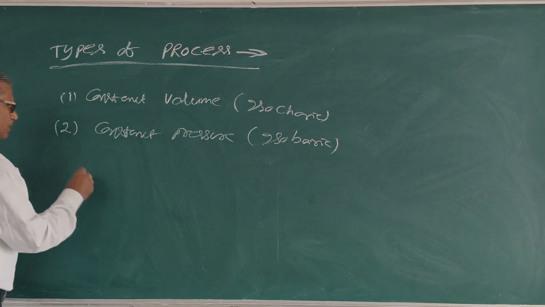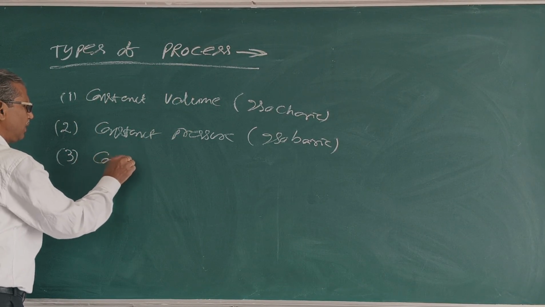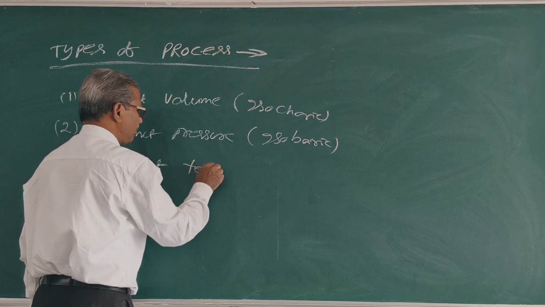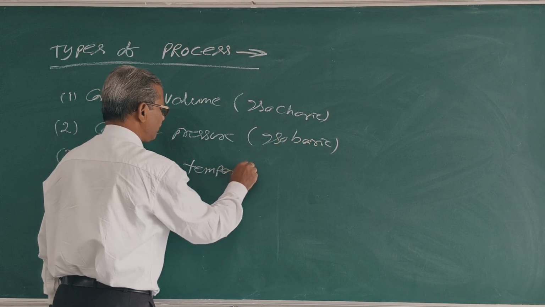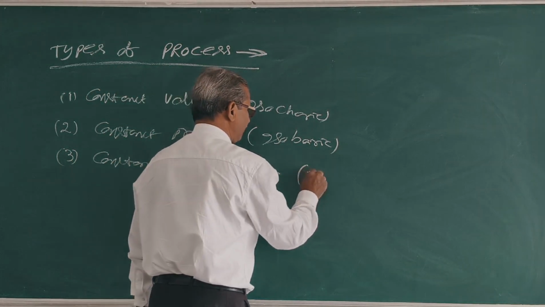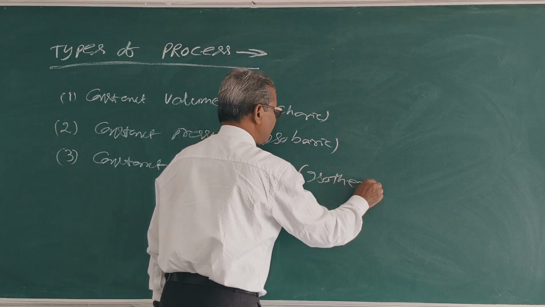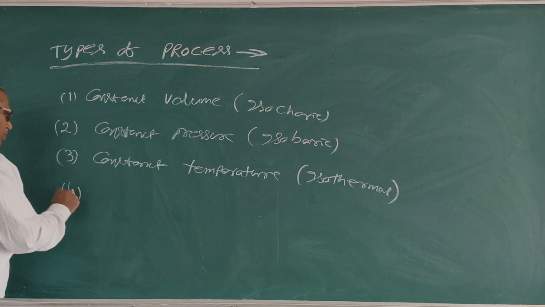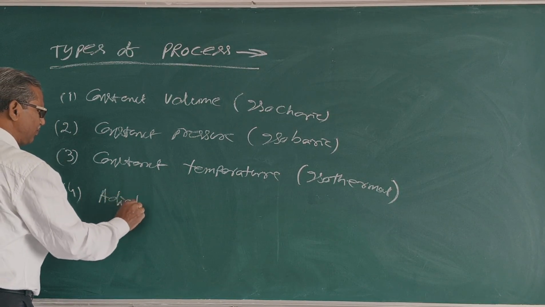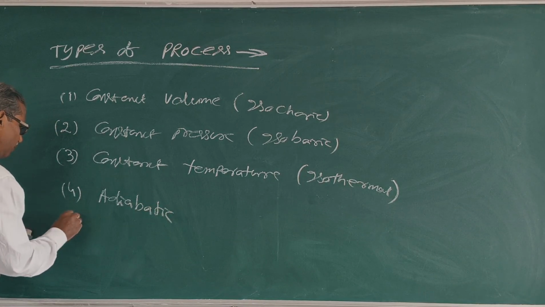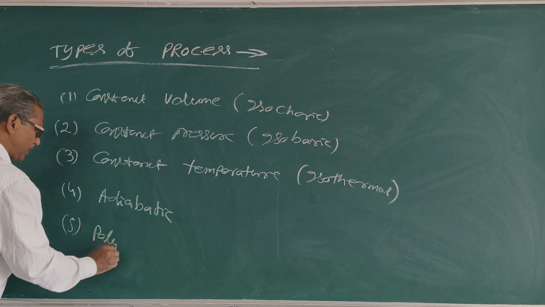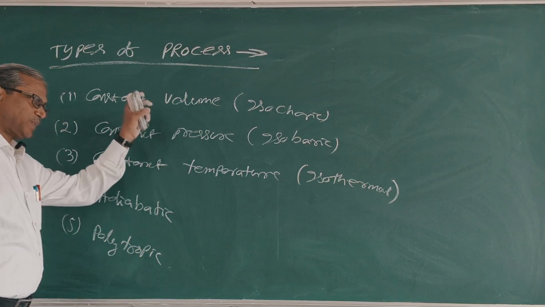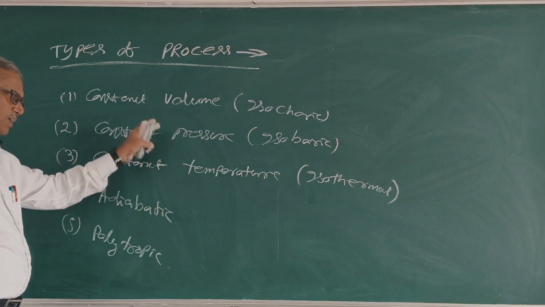Number 3, constant temperature or isothermal. Number 4, adiabatic. Number 5, polytropic. Clear? I will derive expressions for these following 5 processes.